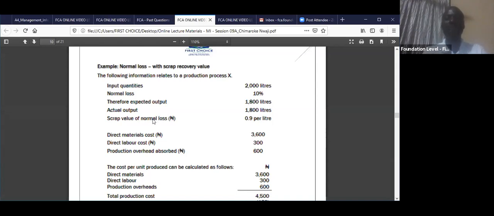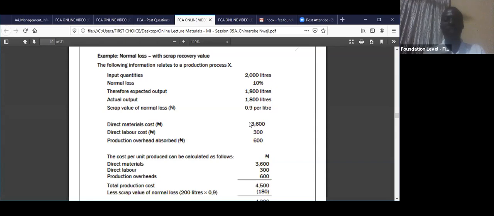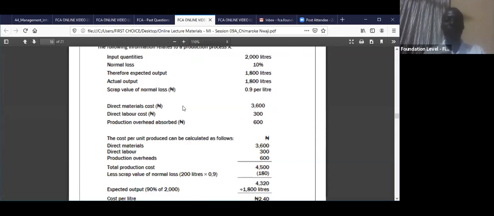Now, the scrap value of normal loss, they give you, this is the scrap value of normal loss. Now, they give you direct material, this amount here, 36. Direct labor is this. So the same thing. The only difference here is this 0.9 naira for 1 liter of loss.